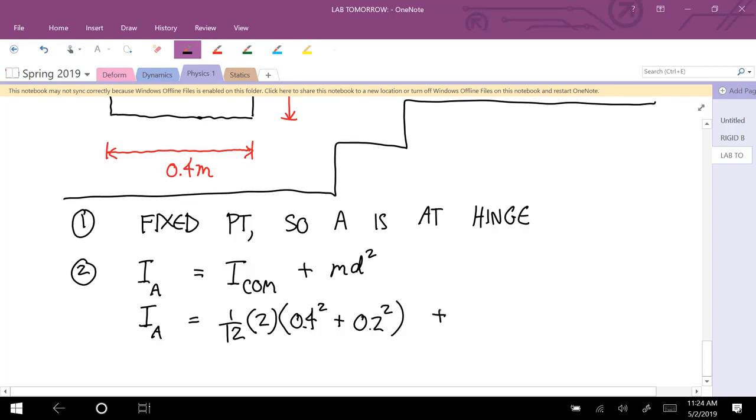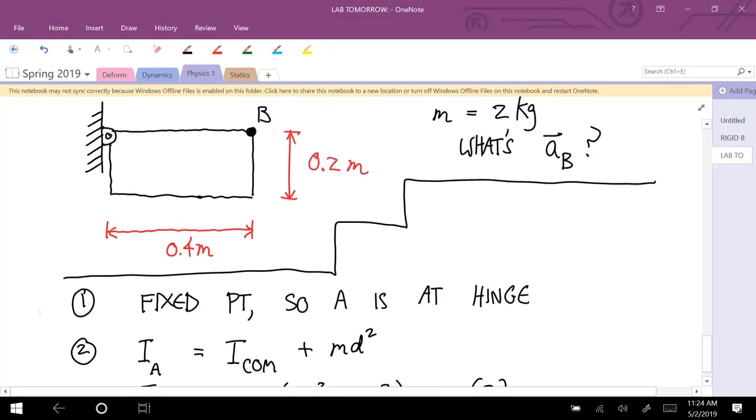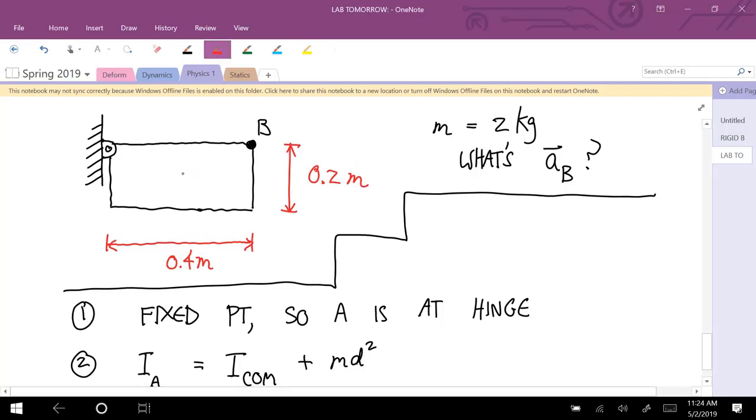And then we'll add on to that the mass, 2 kilograms, times the distance squared. And the distance is from the center of mass to the about point. If you make this into a right triangle, we're trying to figure out the length of that hypotenuse squared. So that's just going to be 0.2 squared plus 0.1 squared.